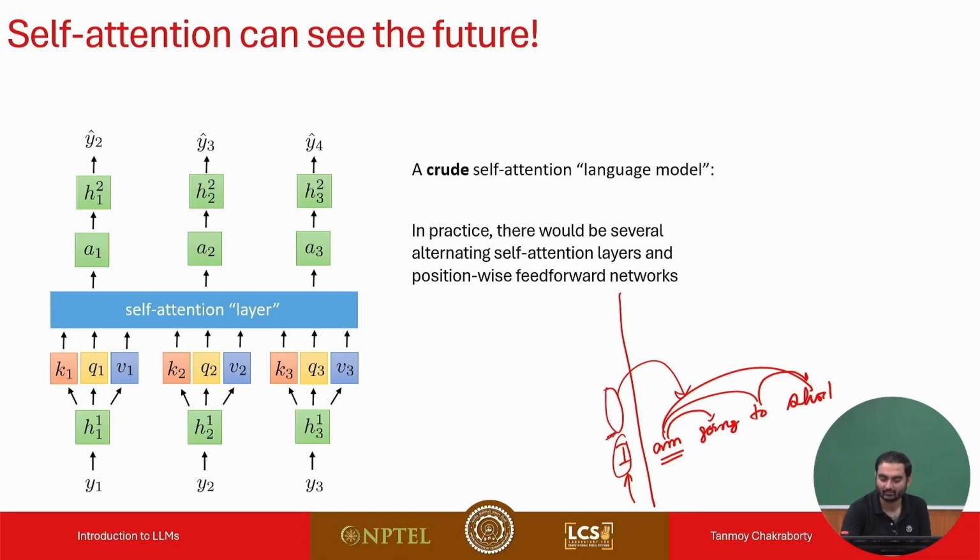So this word will not know what is going to come at the second position, the third position, the fourth position, and so on and so forth. A hidden state of the decoder will not have access to the future hidden states.